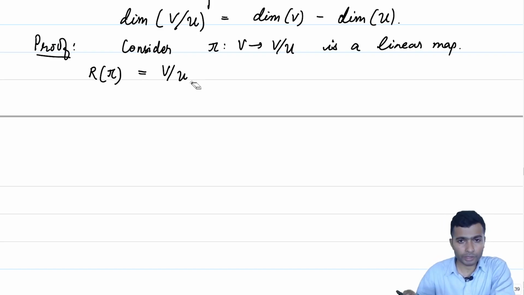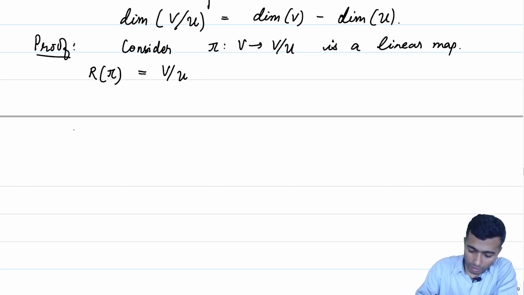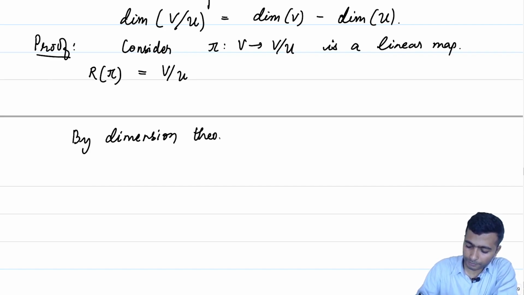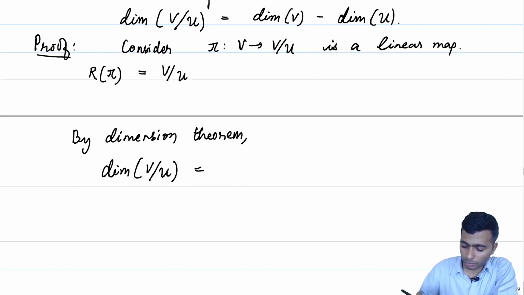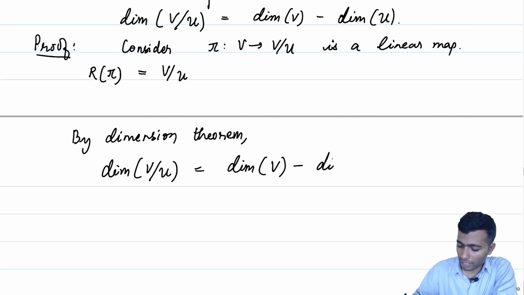And what does our dimension theorem tell us? By the dimension theorem, dimension of V mod U is equal to dimension of V minus dimension of the null space of pi.